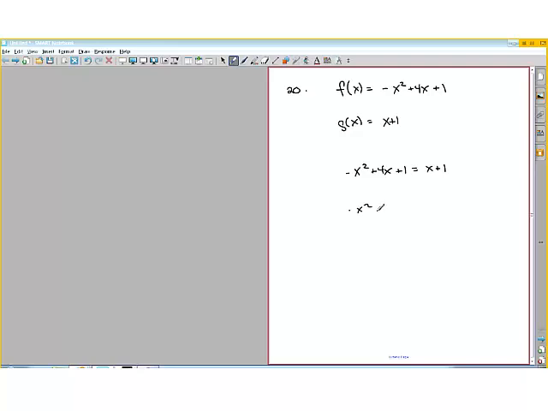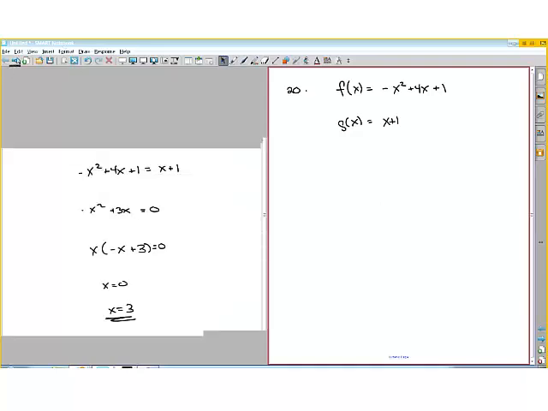Subtract 1, you get plus 3x. And subtract 1 from that, and you get 0. So you factor out x, you get x times negative x plus 3 is equal to 0. So x is equal to 0 and x is equal to 3. So that's what we already knew by looking at the graph.